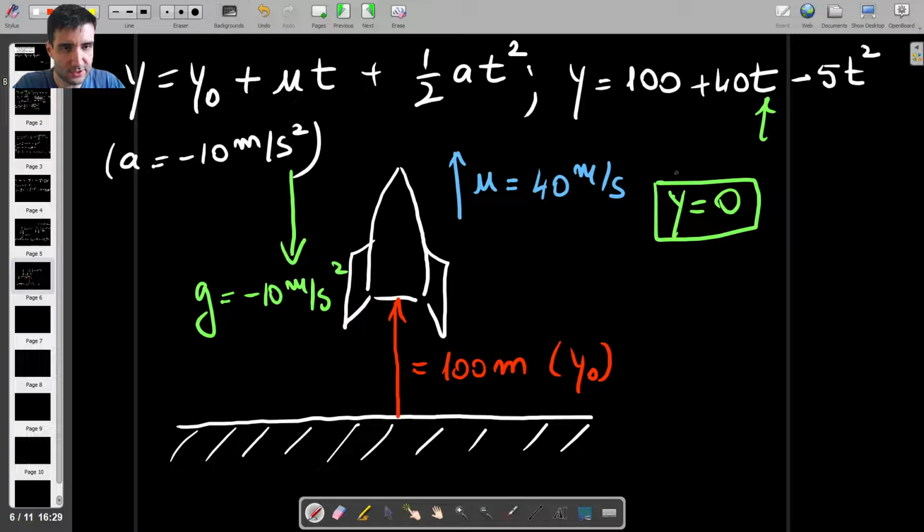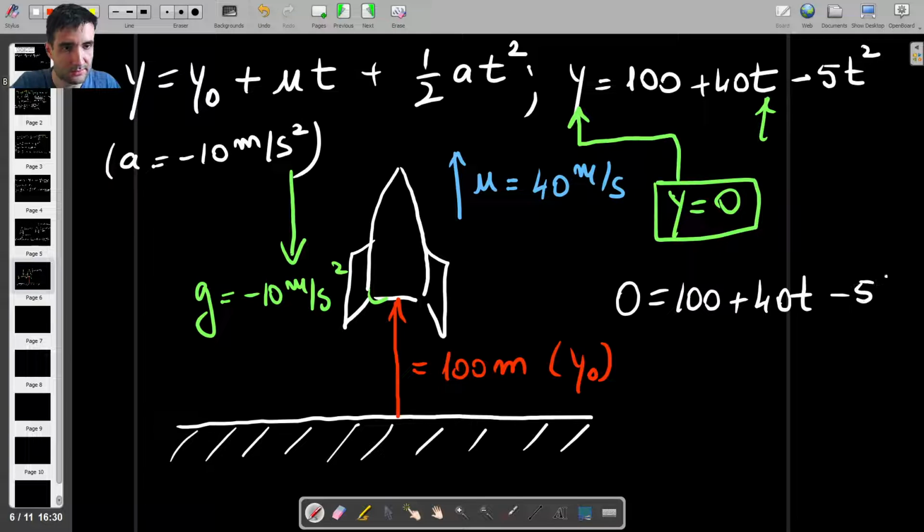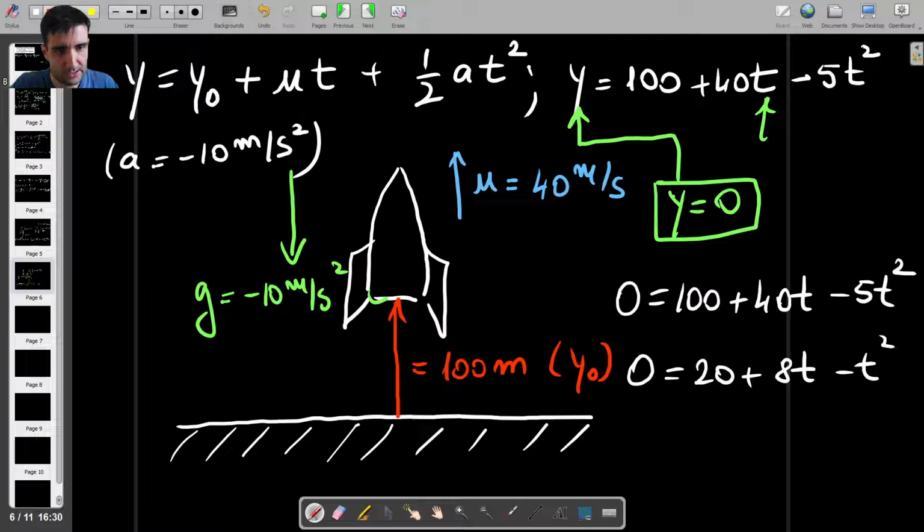So in other words, if we substitute y equals 0 in here, we should get the total time from this point until the rocket hits the ground. So let's do just that. So this equation becomes 0 equals 100 plus 40t minus 5t squared, and we can cancel out a couple of things. So this is going to be 20 plus 8t minus t squared, and I'll rearrange it because I don't like minus on my square term.